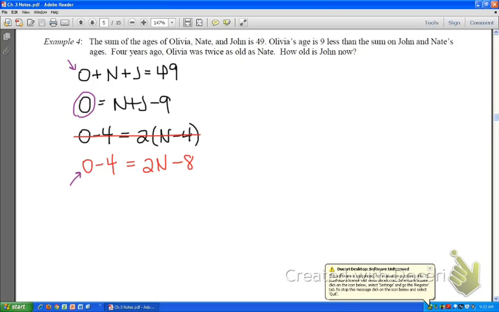Let's plug it into the top equation. If I plug in for O, I've got that O is n plus j minus 9, so I'm going to plug that in here and then add n plus j equals 49. So that gives me n plus j minus 9, plus n plus j equals 49.